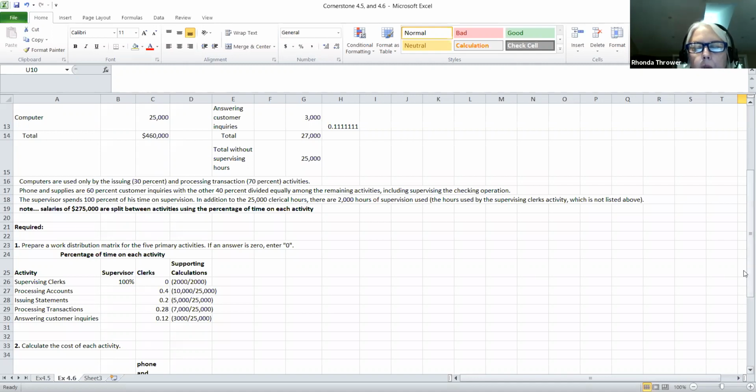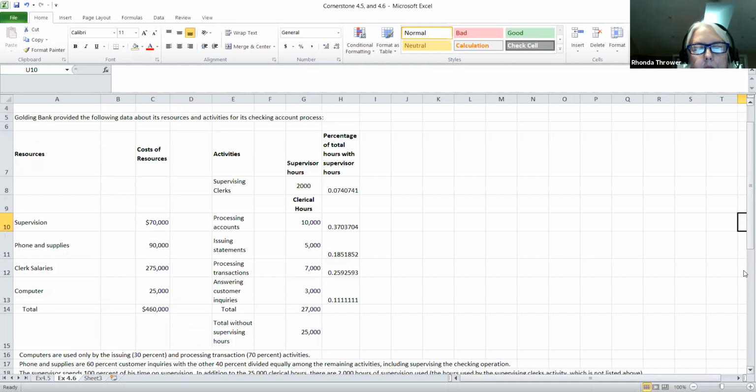That came from the information from above. We're issuing statements. The clerical hours for issuing statements was 5,000. I'm going to take 5,000 and divide it by the total hours that do not have the supervision hours included with it, because it's just about the clerical hours here.